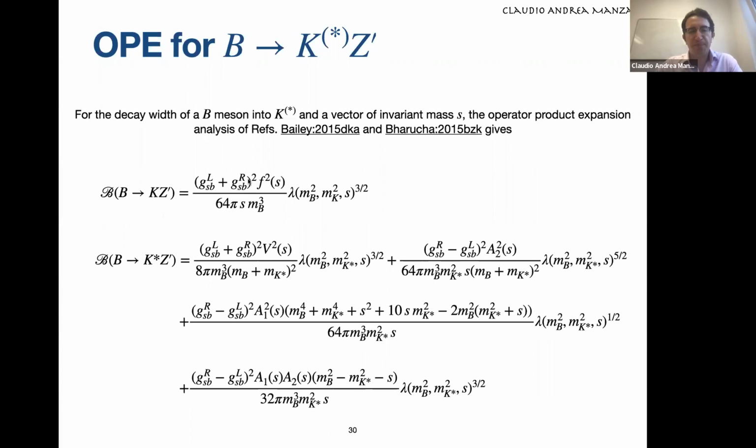So one could argue that since we are only including at the moment the decay of a B meson into a K and the Z prime, because we have the efficiency function only for this, if we also include the right-handed coupling, we could make this combination such that we remove completely the bounds from this data. However, in the near future, when we'll also have bounds from B to K star, we can constrain independently the left-handed and right-handed couplings. So this won't really impact our result.